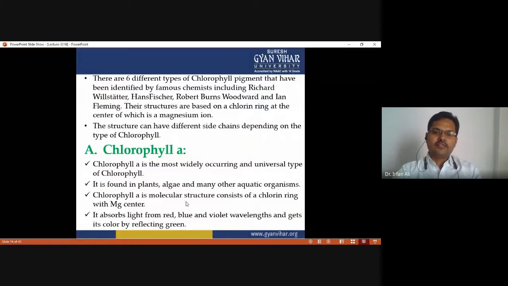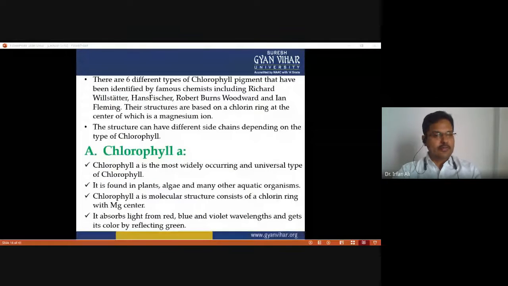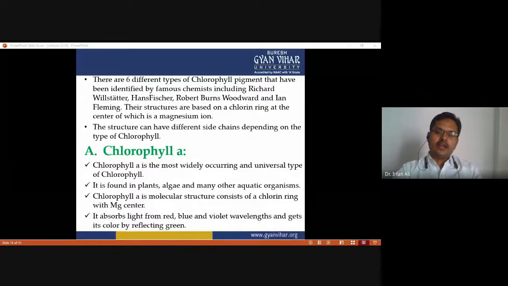So there are various types of chlorophyll found in plants. Approximately 6 types of chlorophyll have been discovered in plants, identified by famous chemists, including Richard Willstätter, Hans Fischer, Robert Burns Woodward, and Ian Fleming.